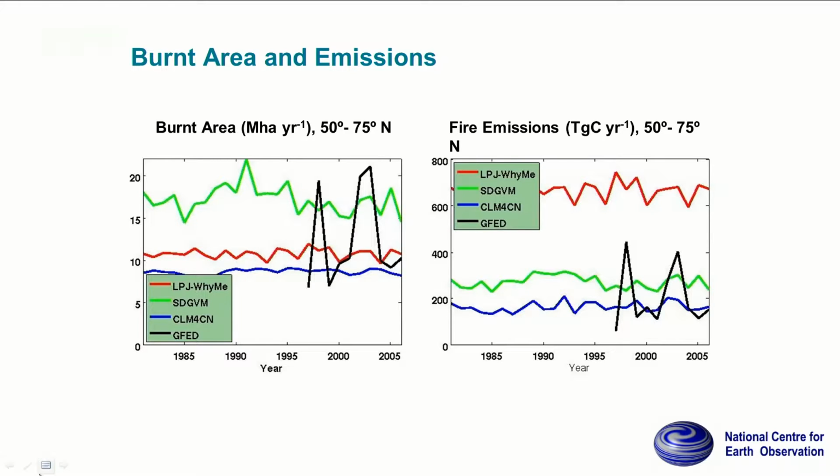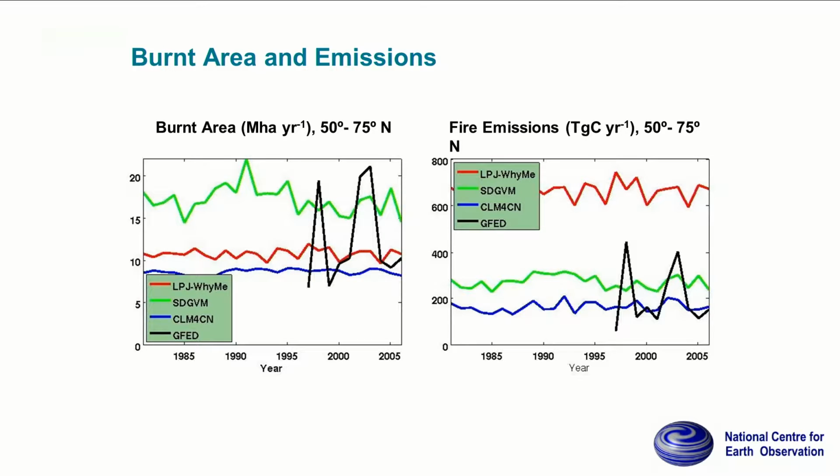And this is brought out even more so when you look at these plots here. The green one is Sheffield. The blue one is CLM4, that's the US one. And the red is the LPJ model, and this is the observation. So what you see is the models don't even get close to representing what fire really does, because what they do is spread fire smoothly across the landscape and through time, but it just doesn't do that at all.